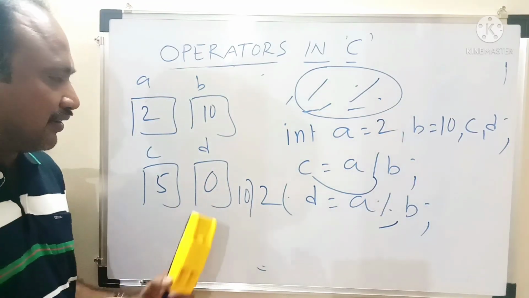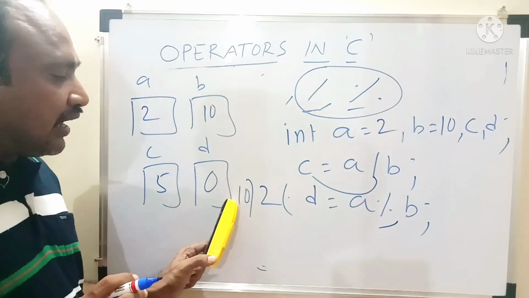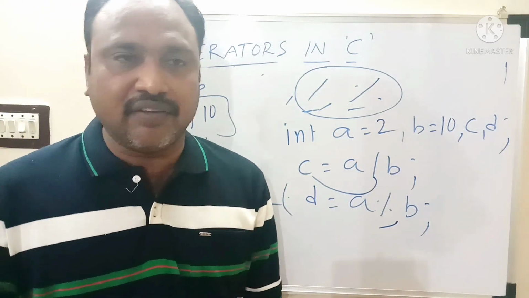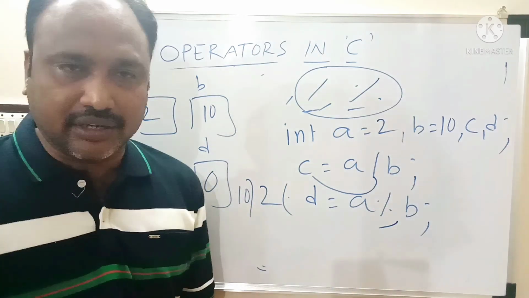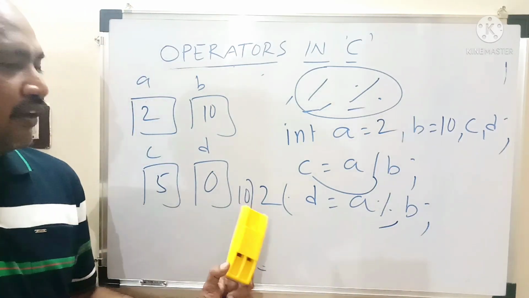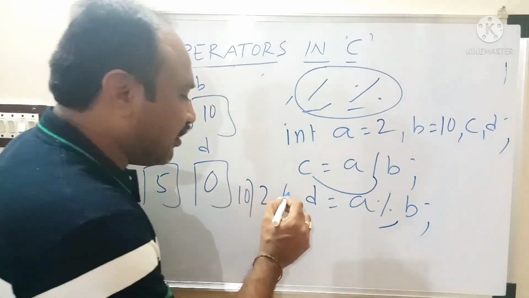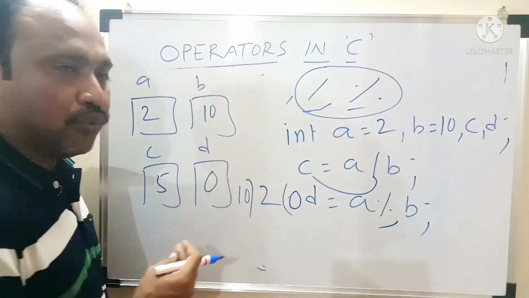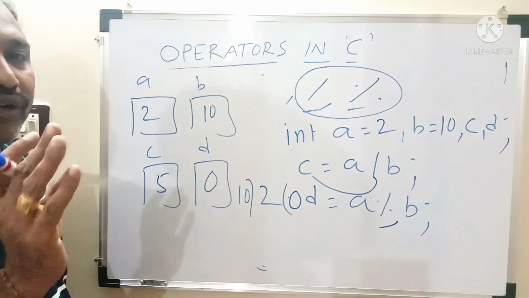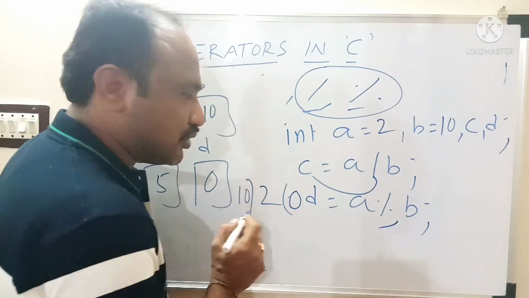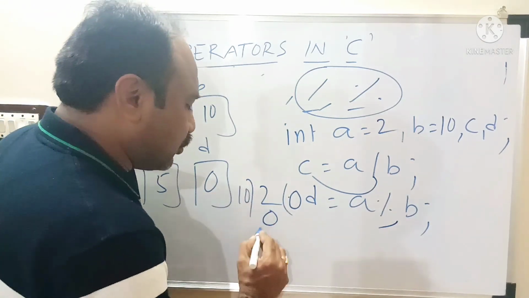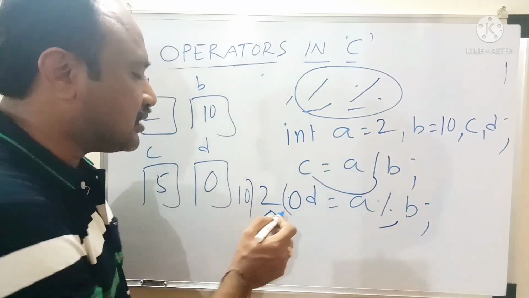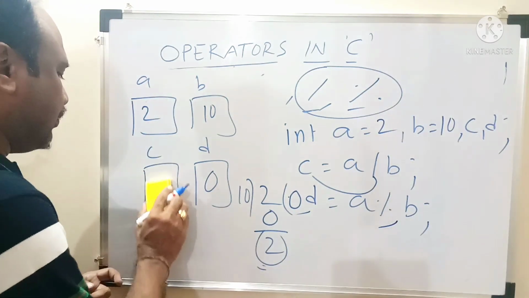But here, not like that. It will check this 10 can divide 2 one time or not, 2 times or not, 3 times or not. It will not. 10 cannot divide 2 one time. It cannot divide 2 times. It cannot divide 3 times. Obviously, it will divide how many times? 0 times. Means because 10 cannot divide 2 one time, 2 times, 3 times. So it will take 0 times. 0 times 0. 2 minus 0, 2. Here operator, divide by operator. Answer is quotient. c value 0.